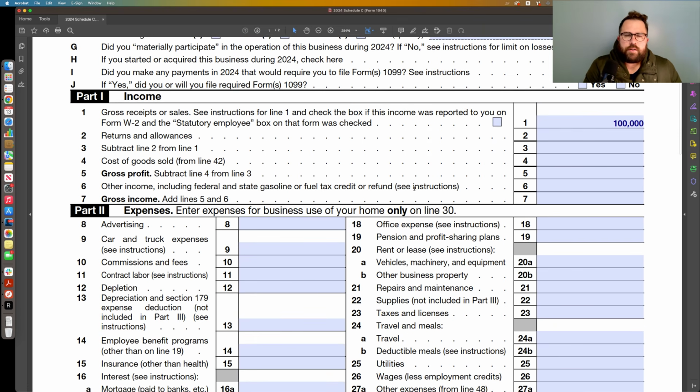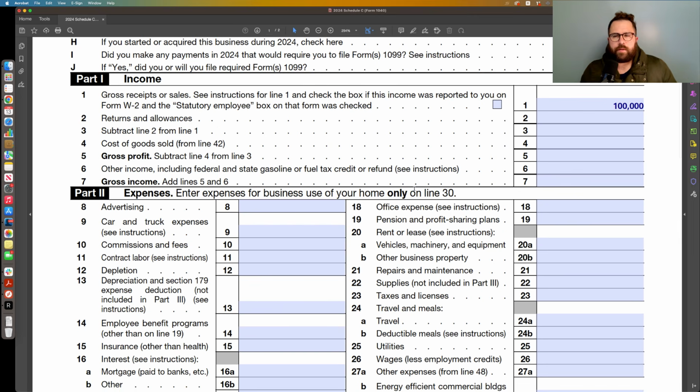All right, now you just fill out your numbers. Hopefully you're using something to track your numbers: your books, QuickBooks, Xero, a spreadsheet, right? The nice thing about a sole proprietorship, as well as corporations and partnerships with less than $250,000 in gross receipts, is you don't have to present a balance sheet.